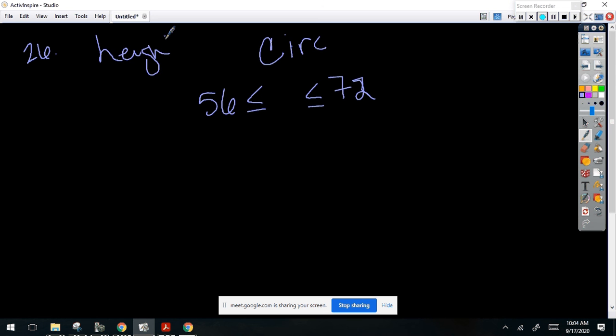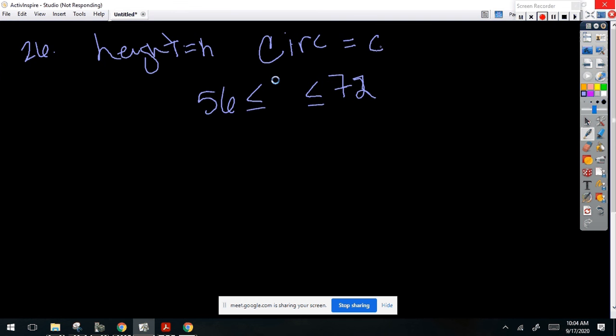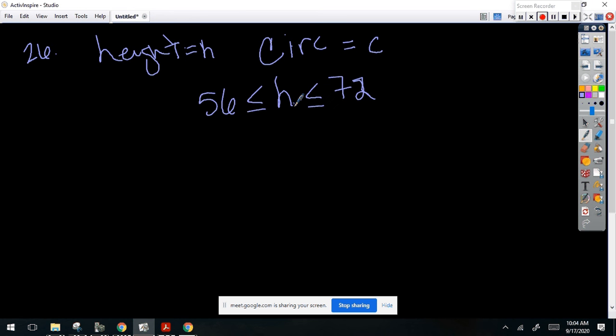Height is H. All right, so the inequality for the height is between 56 and 72. I erased it because I was looking at codominant, right? And then the circumference is between 48 and 60.